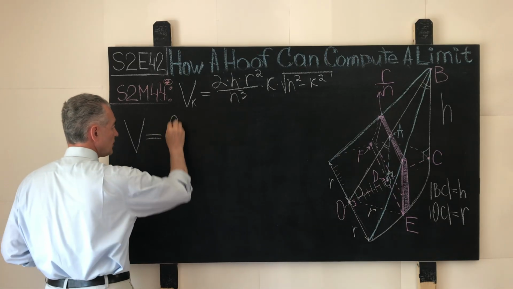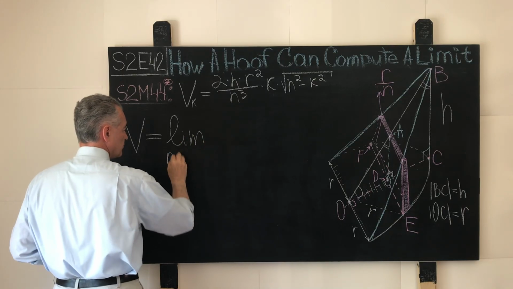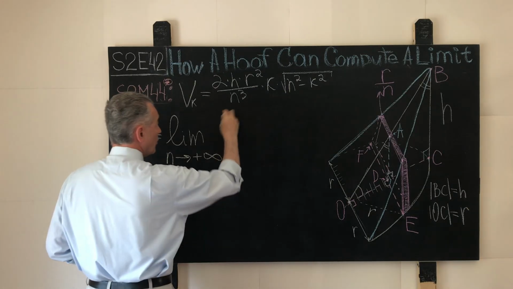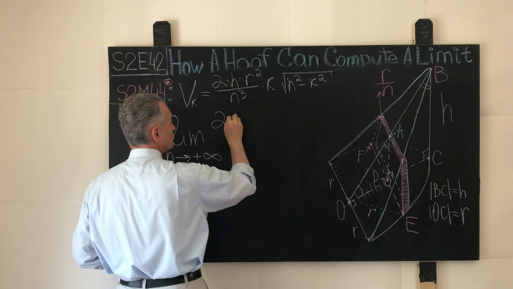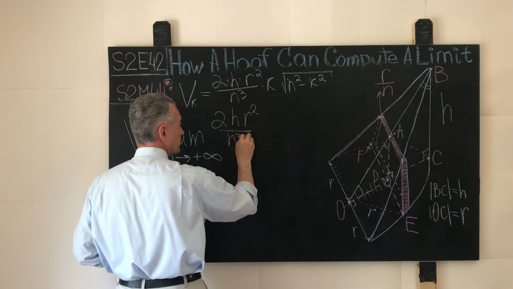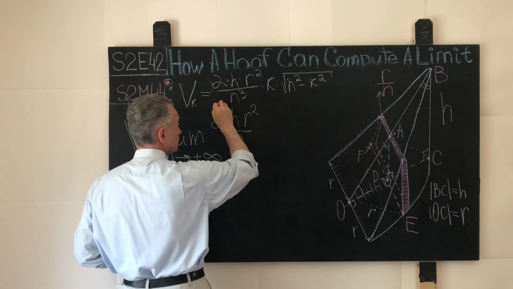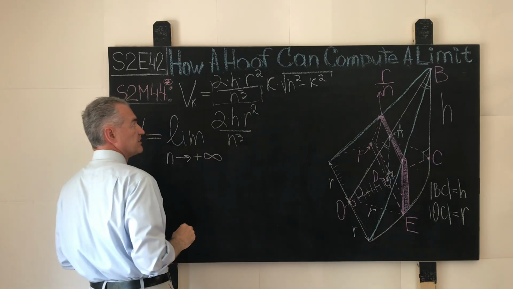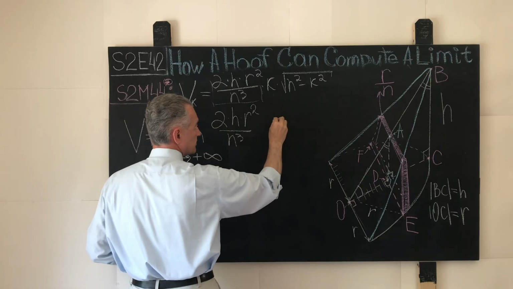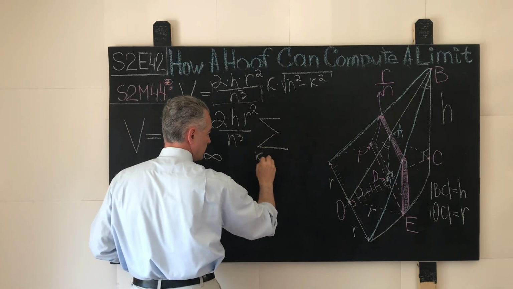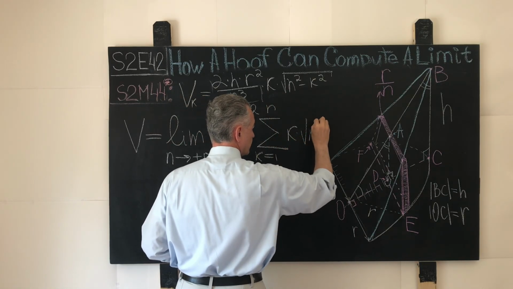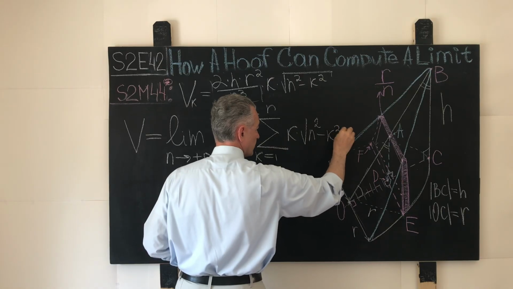So here we write down the exact formula. The limit when n grows without bound, when n tends to positive infinity, of the following expression: 2 times h times r squared over n cubed. The reason we factor this piece out is that nothing over here depends on the summation variable k, but in the end we add this in. k runs from 1 to n, of k times the square root of n squared minus k squared.